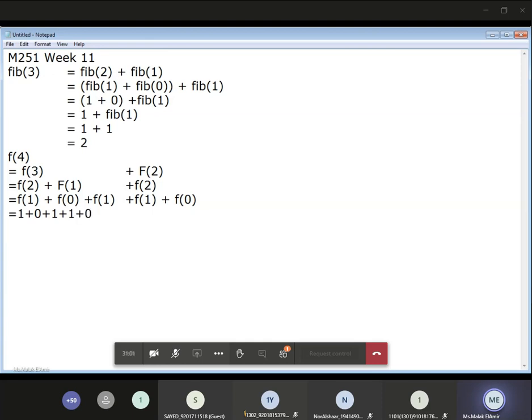So what will be the value? 1 plus 0 plus 1 plus 1 plus 0 will be 3. So if I have Fibonacci of 4, the answer will be 3.